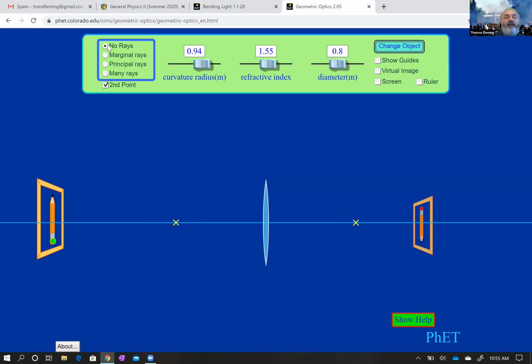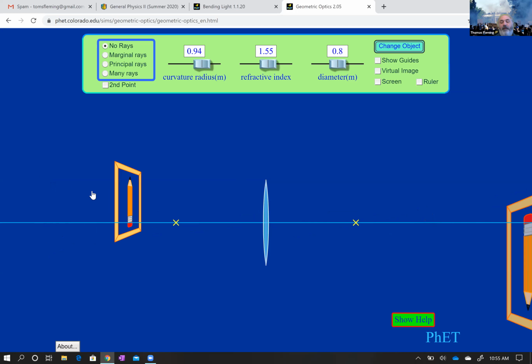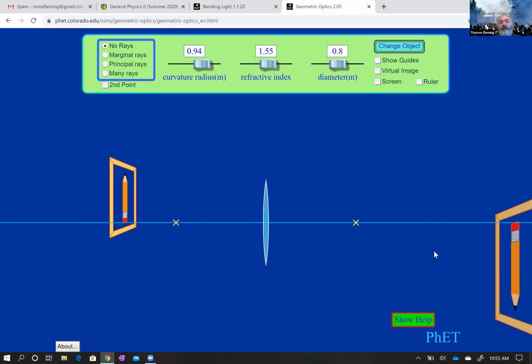And you can see that even right now, as I move my pencil closer to or further from the lens, the property of the image is going to change drastically. Right now, I'm getting an image of the pencil, but notice the light from the eraser end is much further away from the light of the tip end.